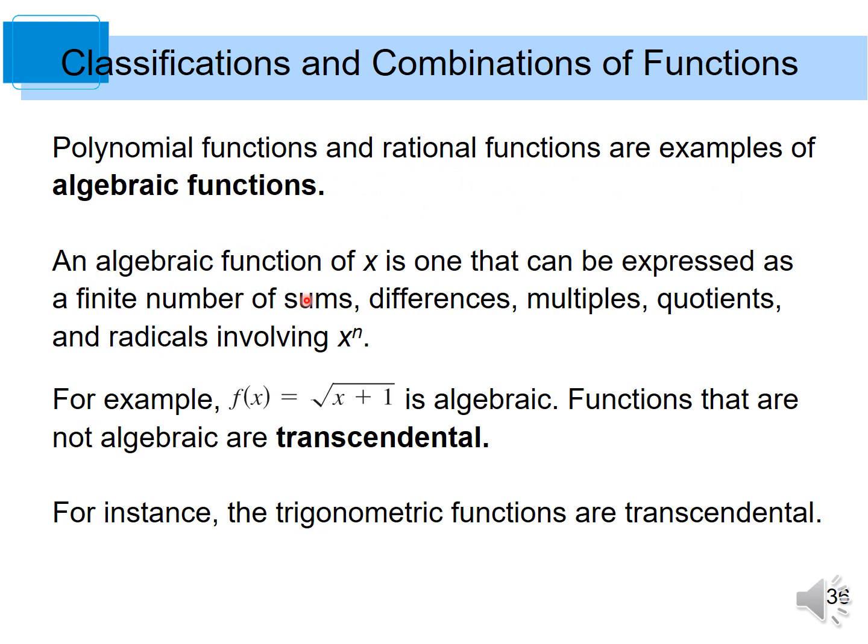An algebraic function of x is one that can be expressed as a finite number of sums, differences, multiples, quotients, and radicals involving x to the n. For example, f(x) equals the radical of x plus 1 is algebraic. Functions that are not algebraic are transcendental. For example, the trigonometric functions are transcendental.